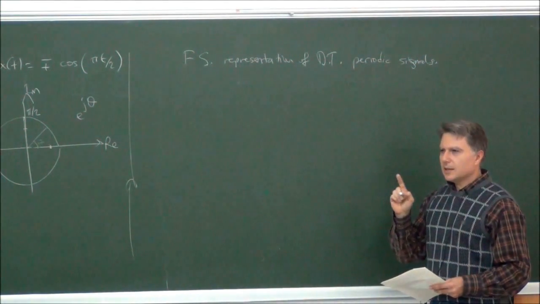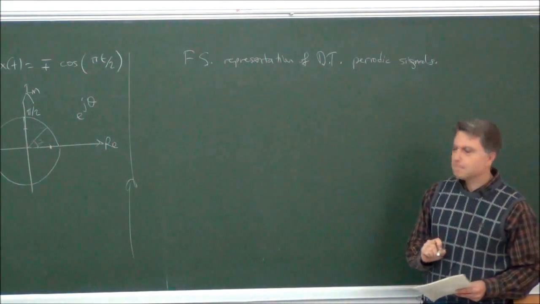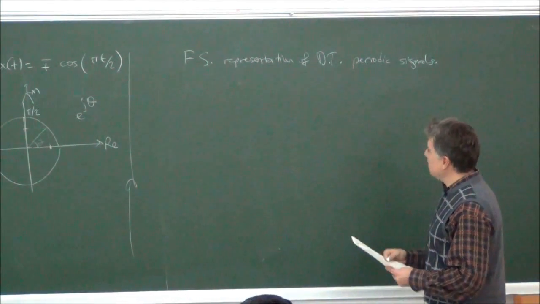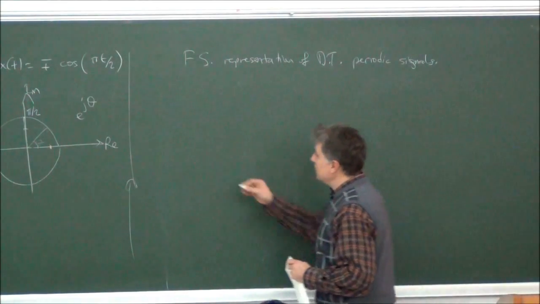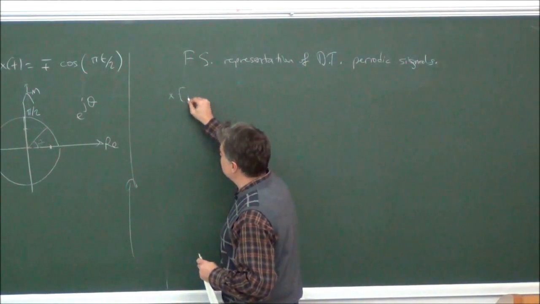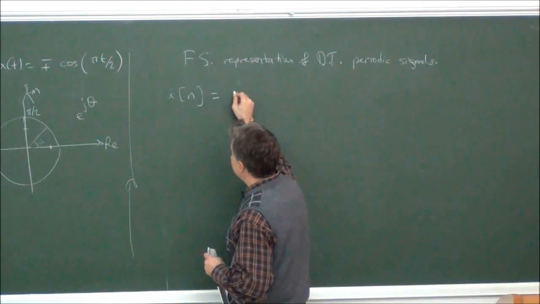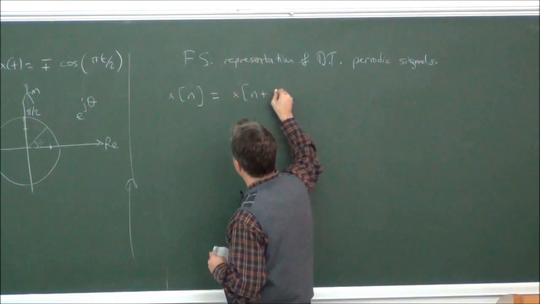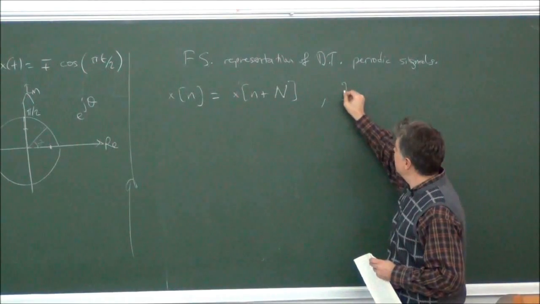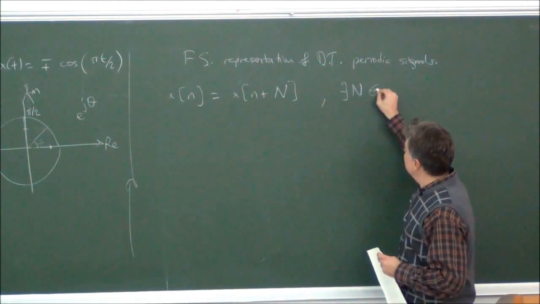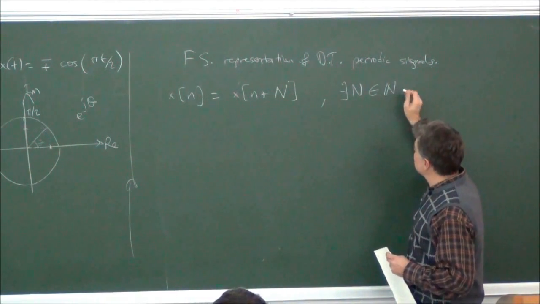Previously it was continuous time periodic signals. Now we have discrete time periodic signals. The concept of a periodic signal in discrete time was a little bit different, if you may remember. We were saying that x of n must be equal to x of n plus capital N for some capital N, an element of the integers.